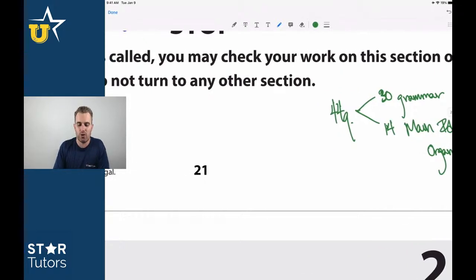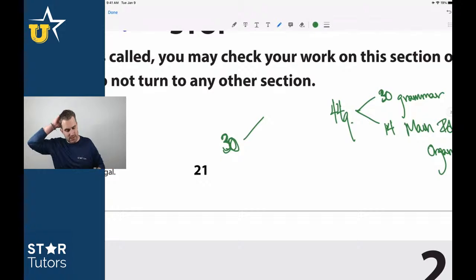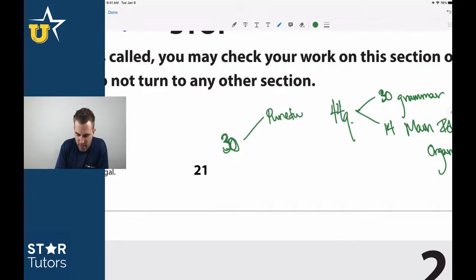Of the 30 grammar questions, I cannot stress how important these 5 grammar rules are. And again, going back to the Star U app, I'll show you this in a second, but of these 5 grammar rules, punctuation is number 1 by far. Of the 30 grammar questions, I swear that there are 8 questions on every single SAT that deal directly with punctuation rules. So that's always number 1.